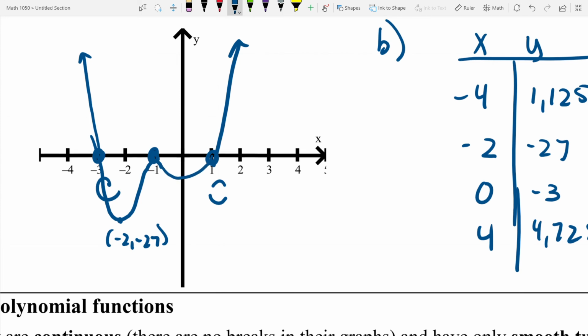So it's represented properly. Put a dot right there, call it 0, -3. And then the 4 is supposed to be 4,000, which is crazy. So it would be something super, super steep, like that. I don't know how picky they're going to get on the accuracy of those numbers, but you get the idea.